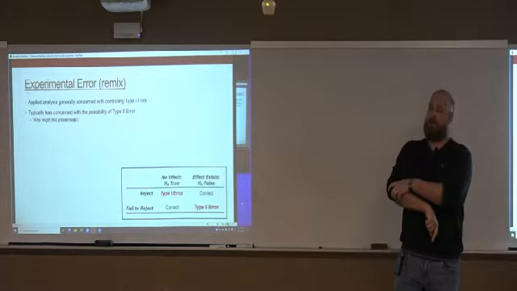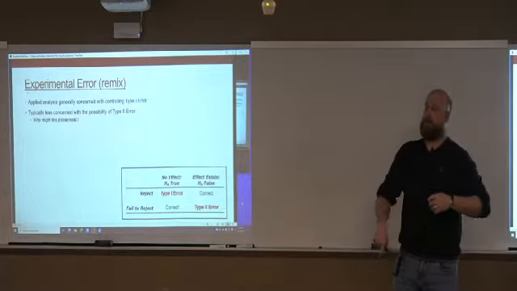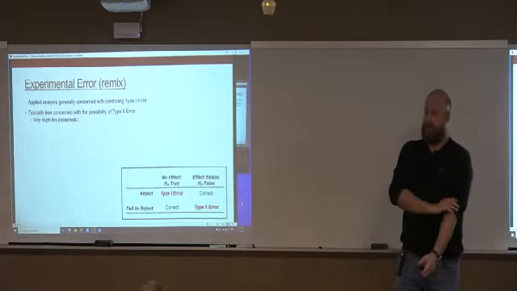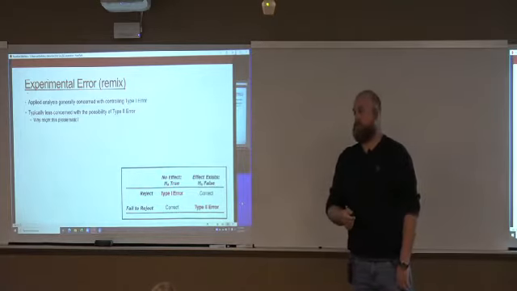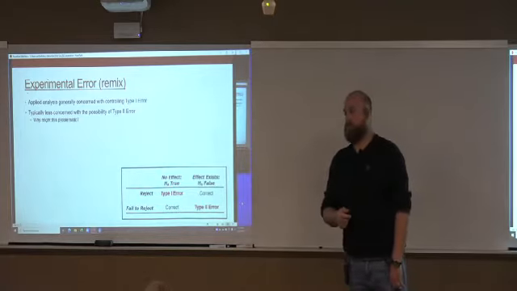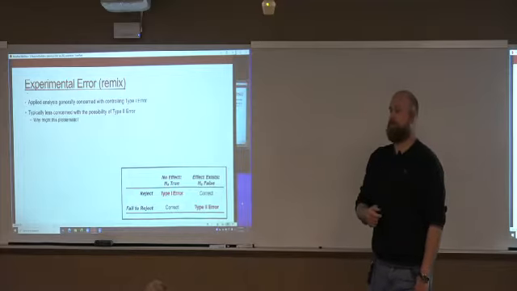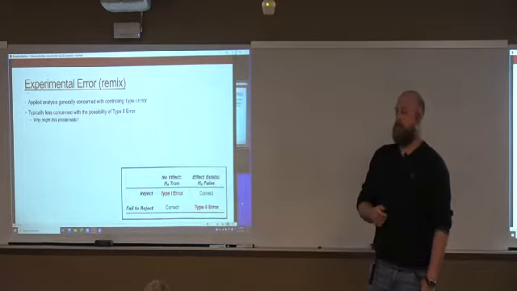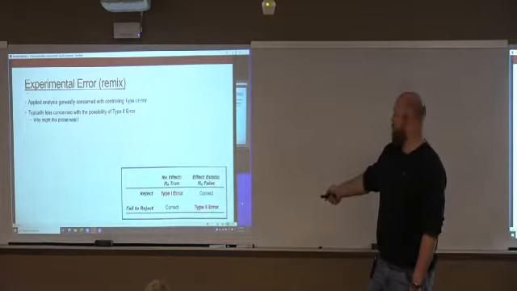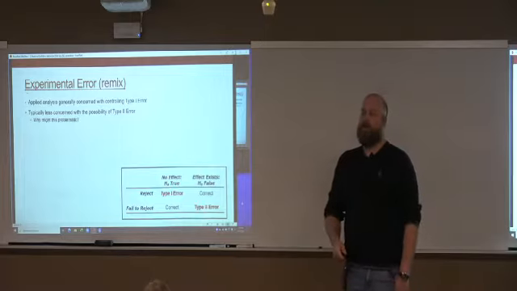So if I'm making a type 1 error, I'm saying something exists when it actually doesn't. That's a false positive. And I could almost see us preferring to make a false positive, to say, hey, something does exist. The type 2 would be a false negative, right?